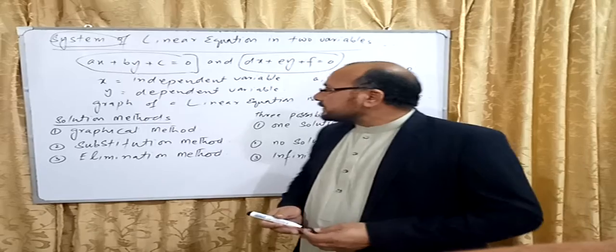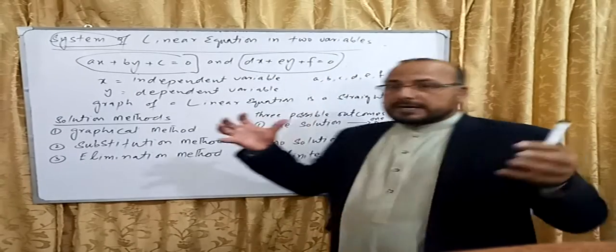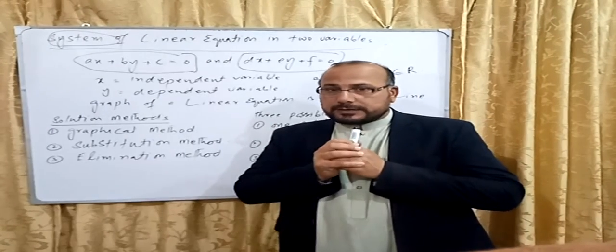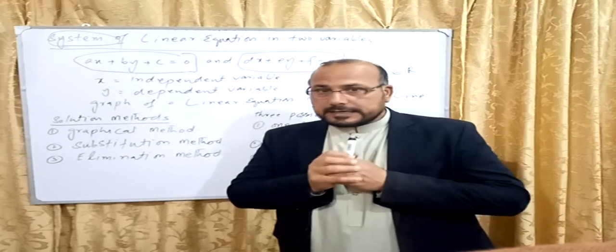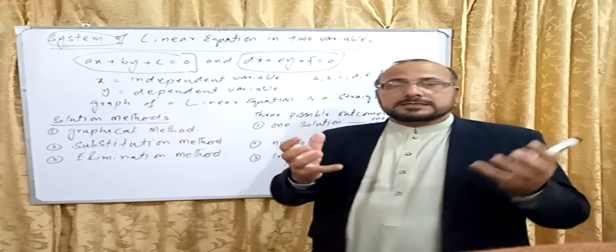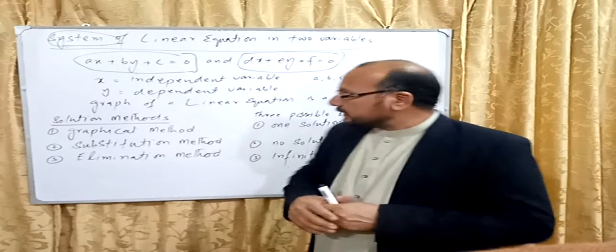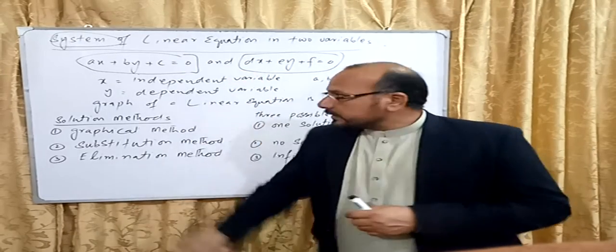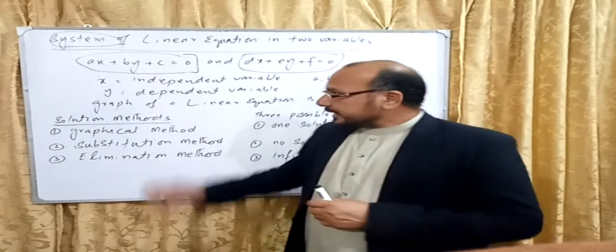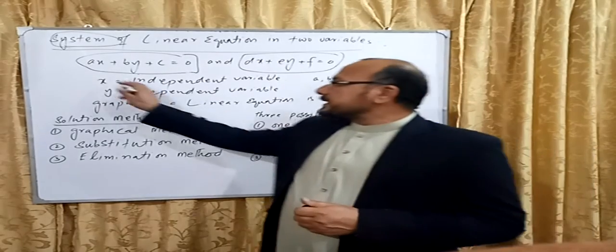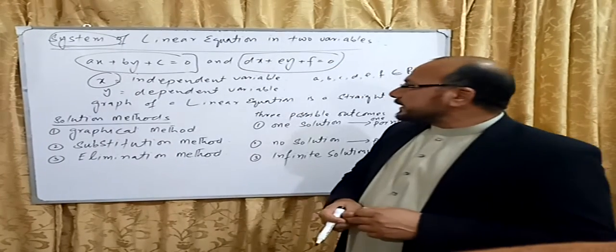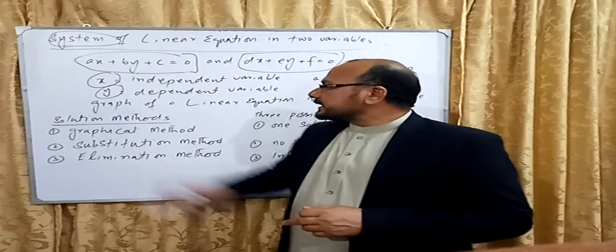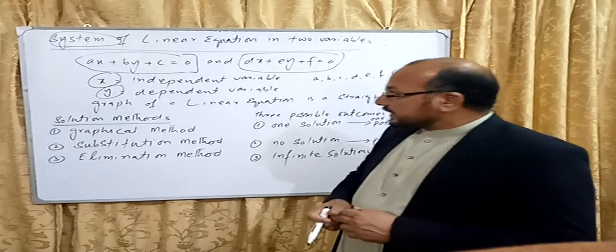The combination of these two linear equations in two variables makes the system of linear equations in two variables. Both equations have two variables x and y, where x represents the independent variable and y represents the dependent variable.